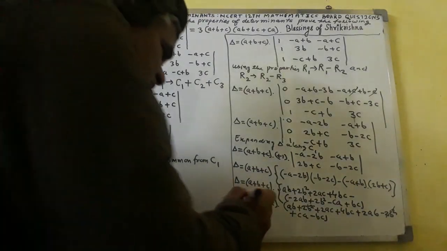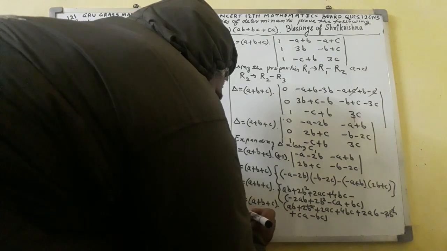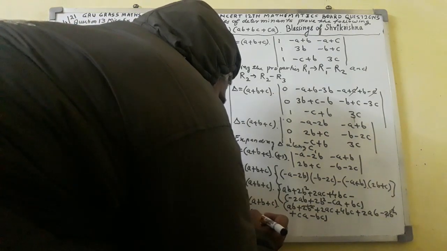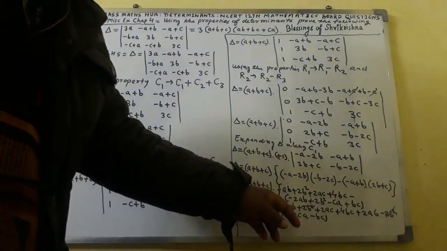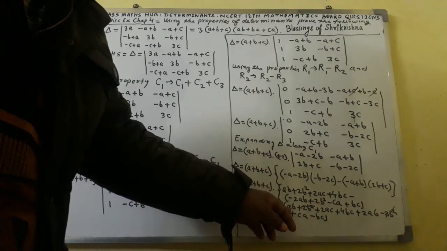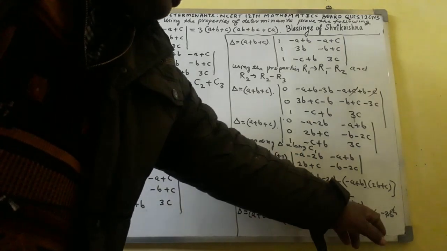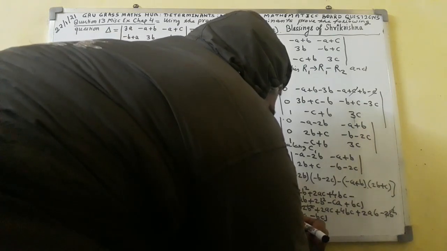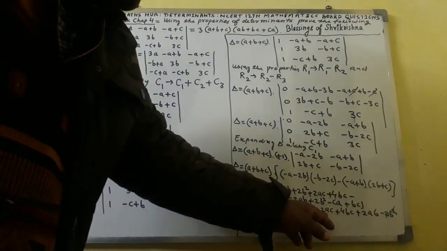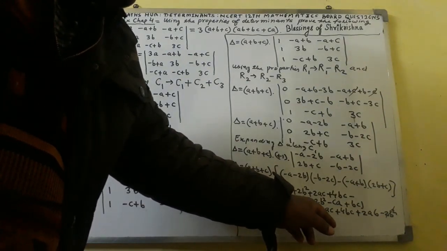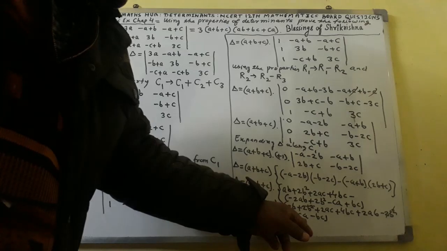So here you will get that equal to A plus B plus C. Here you will get AB added to 2AB, so comes out to here 3AB. And plus 2AC added to plus AC, you will get here 3AC.